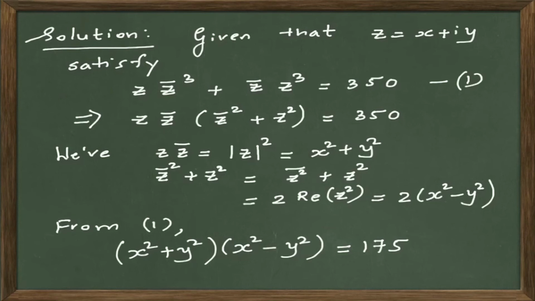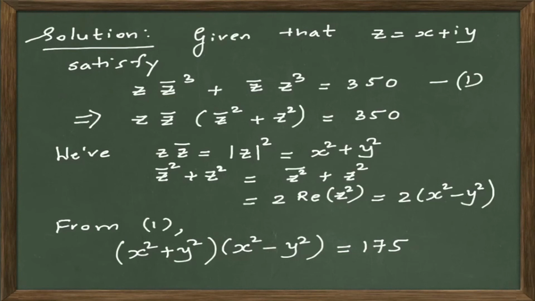This equation has infinitely many solutions if we allow x and y to be real numbers. But in the question, we are given that x and y are integers. This reduces the number of solutions of this equation drastically. It is not a good idea to write the left hand side as x to the 4 minus y to the 4. Our goal is to find two equations in x and y so that we can solve for x and y.